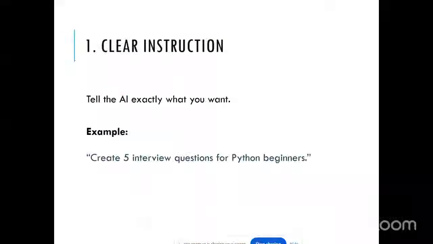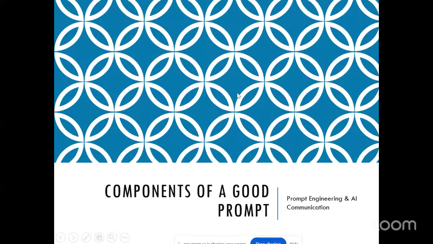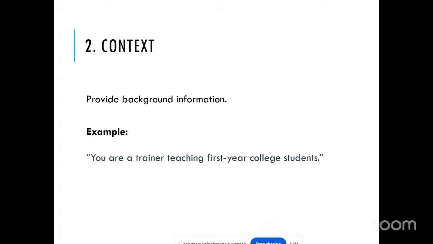Okay, fine. So now we are trying components of a good prompt. For a good prompt, we need a clear instruction. The first one is that. Second is context. Context means we need to provide background information. See here, you are telling who you are.